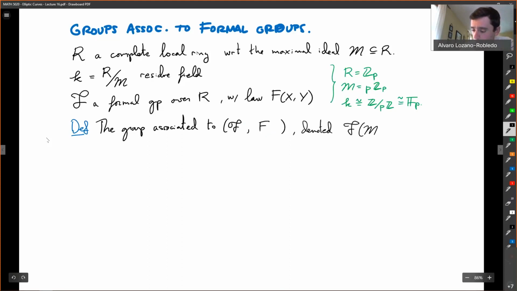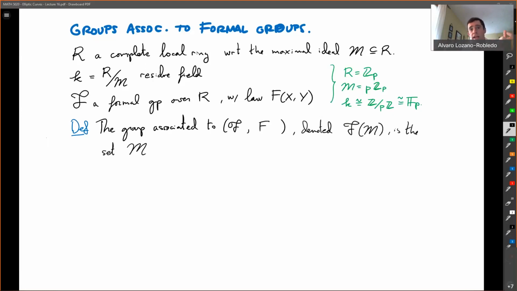by F(M), is the set M, which has its own group structure that comes from the ring. M with respect to addition is a group.